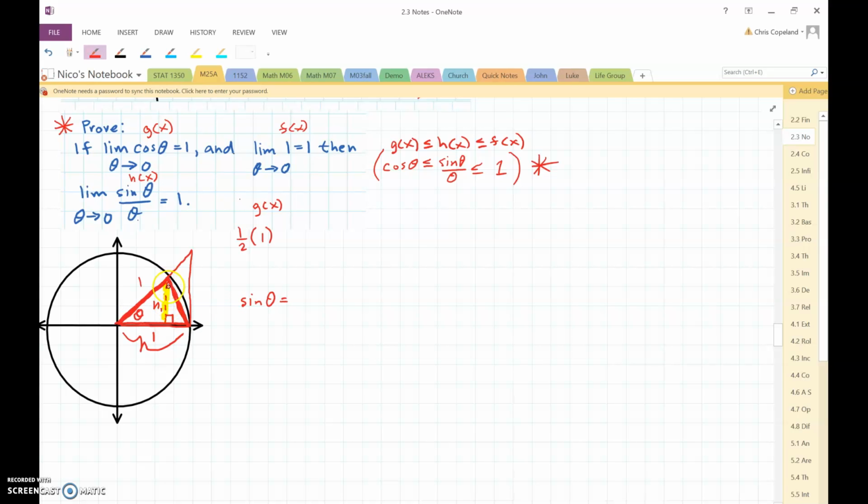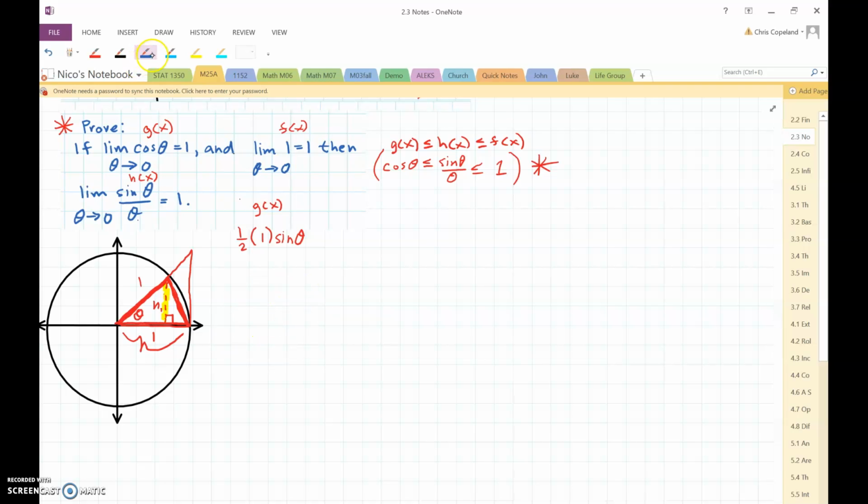Sine theta of this triangle would be h1, which is the opposite side, all over the hypotenuse, which is 1. So basically, the height here is equal to sine theta. So I'm going to write sine theta here. Okay, so we got the area of that triangle.